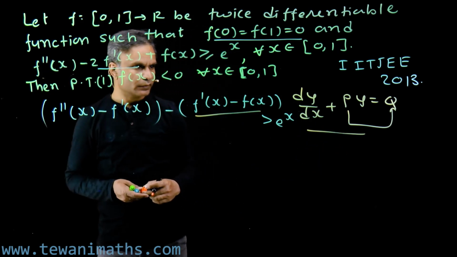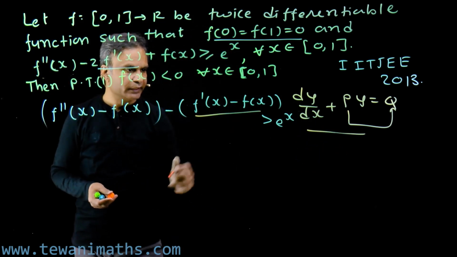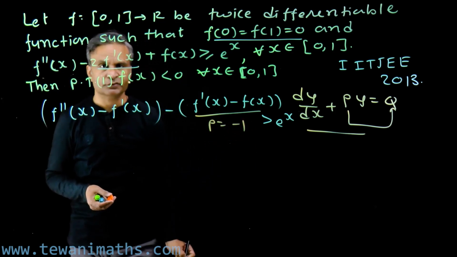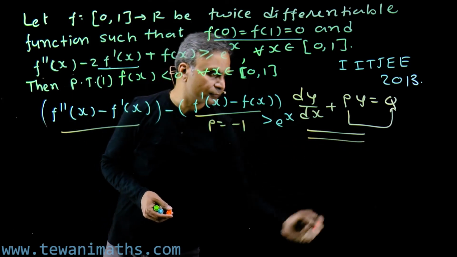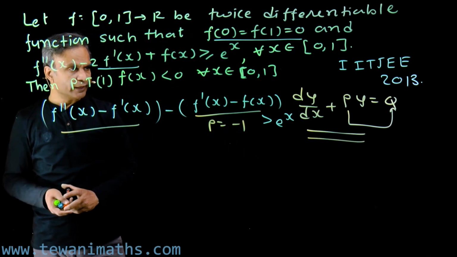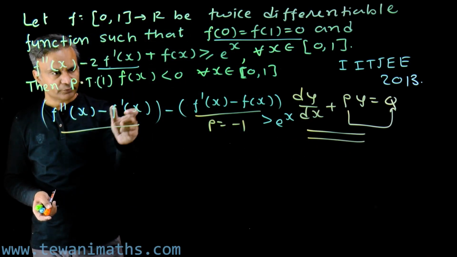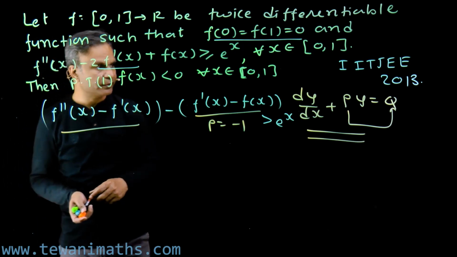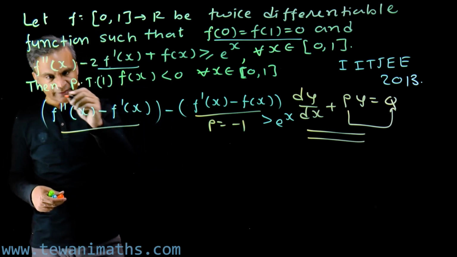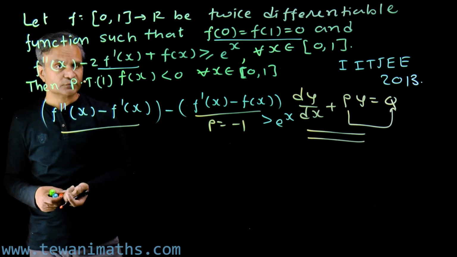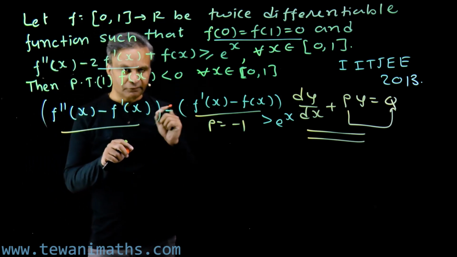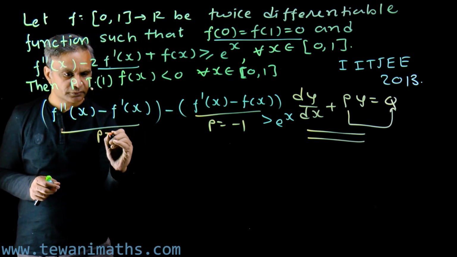Here y will be f'(x) and p will be -1. This is the second derivative, it is d/dx of f'(x). So y is f'(x) but p is -1.